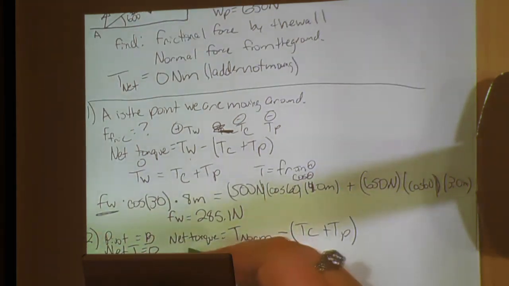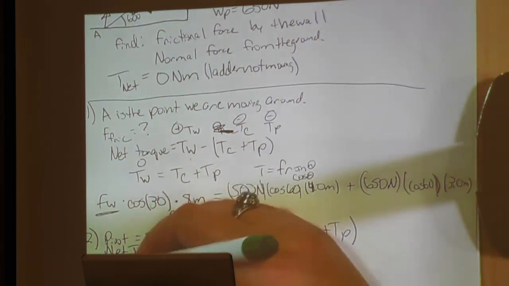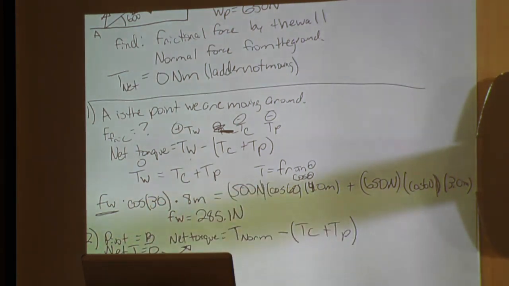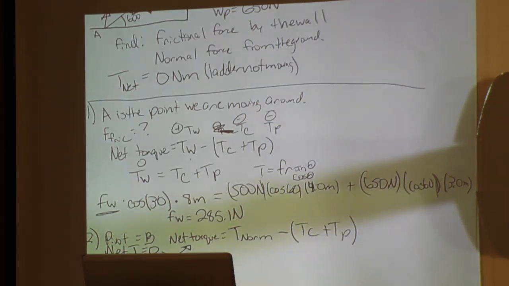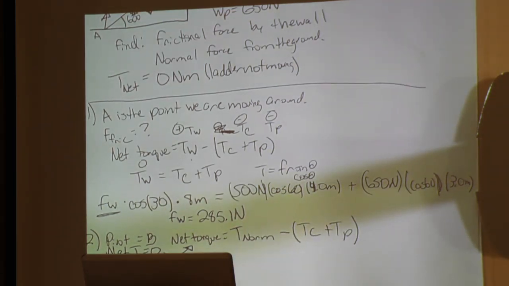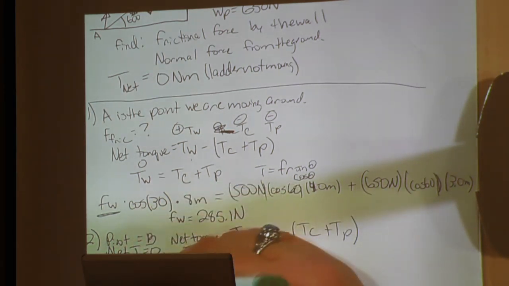We remember that this 0 can be plugged in. We're going to rewrite the equation: torque normal is equal to TC plus TP. Then we plug it all back in again. So we'll have force normal times cosine of 60.